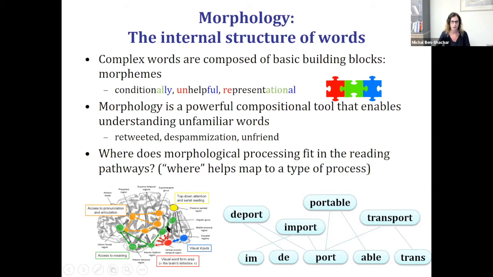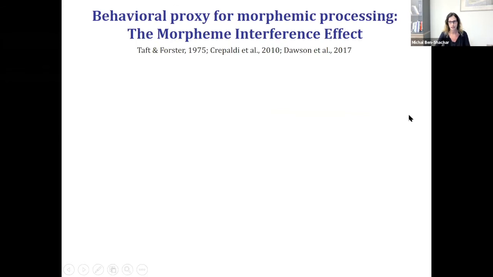Is it more along the lines of the ventral stream lexical axis processes, or is it more along the lines of the phonological decomposition and access to pronunciation that's carried out by the dorsal stream? So ventral or dorsal.